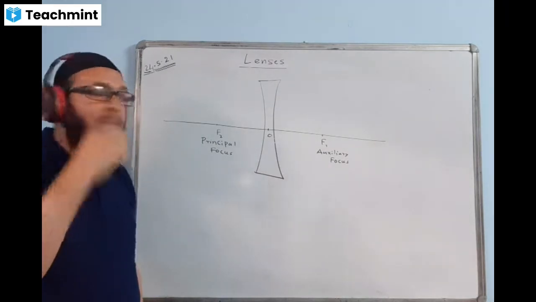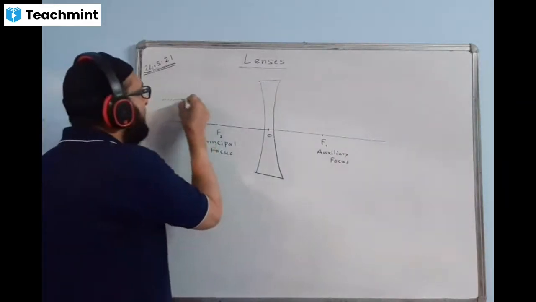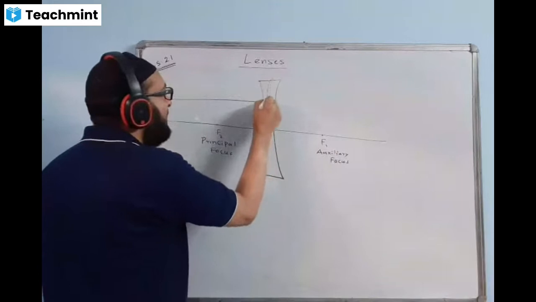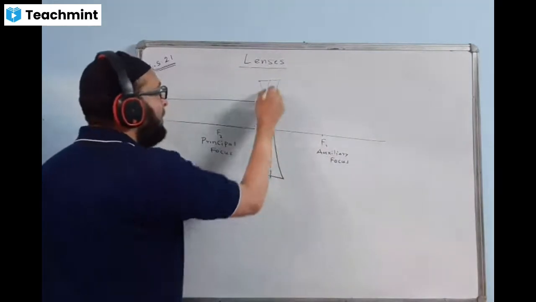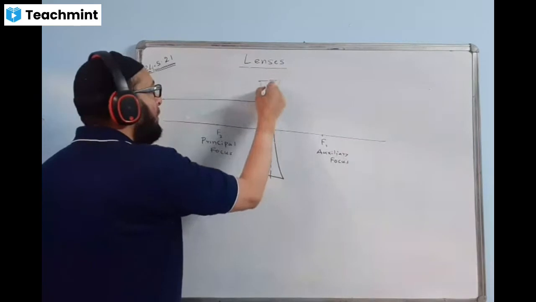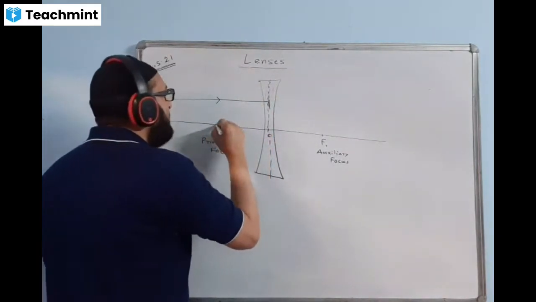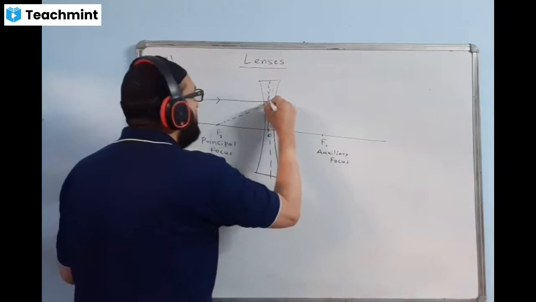What is the property of principal focus? The ray coming parallel to the principal axis, like this, will not actually pass but will appear to pass through this point, by a dotted line like this.